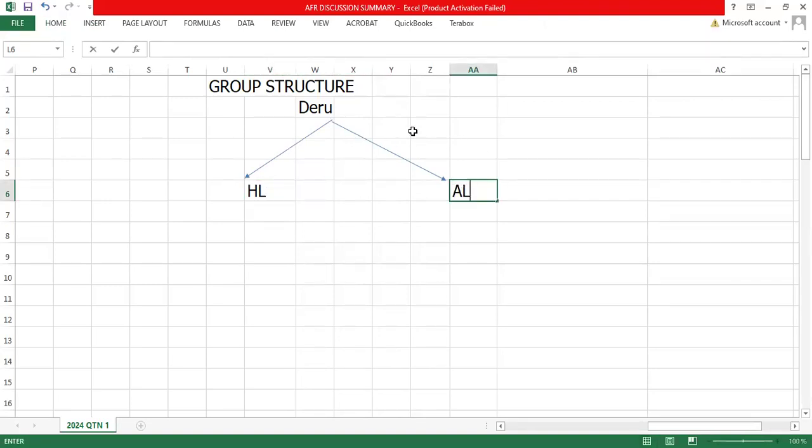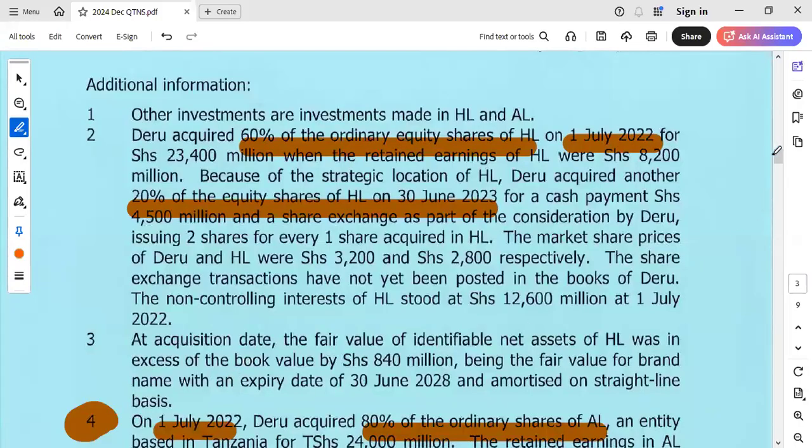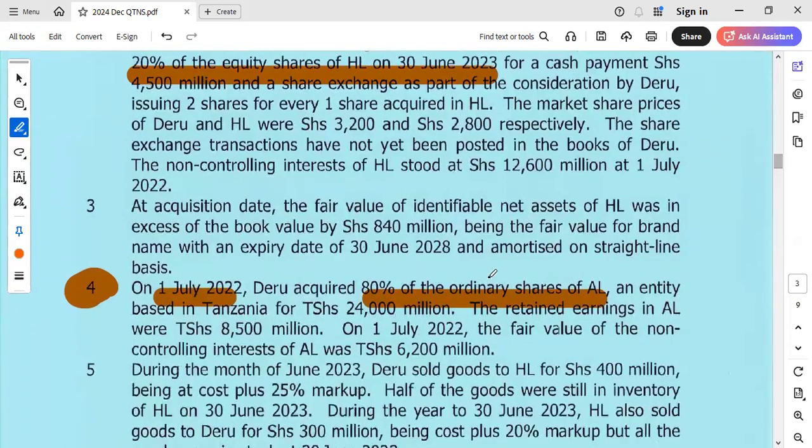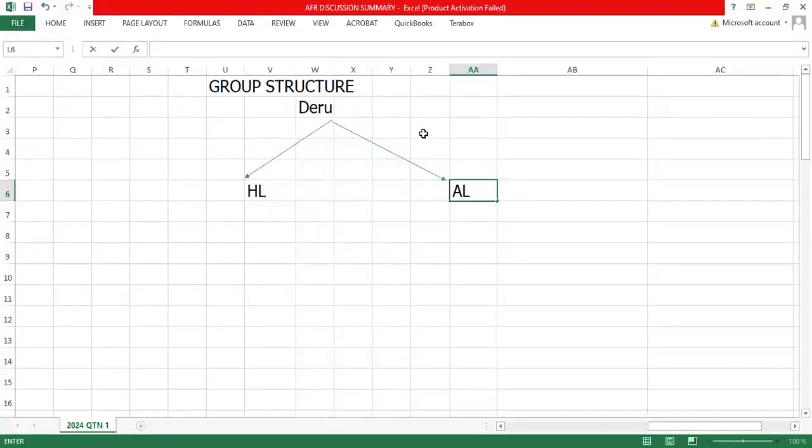In AL, when you look at note number 4, Deru acquired 80%. That was on 1st July 2022. Then here, in HL, it acquired 60%.